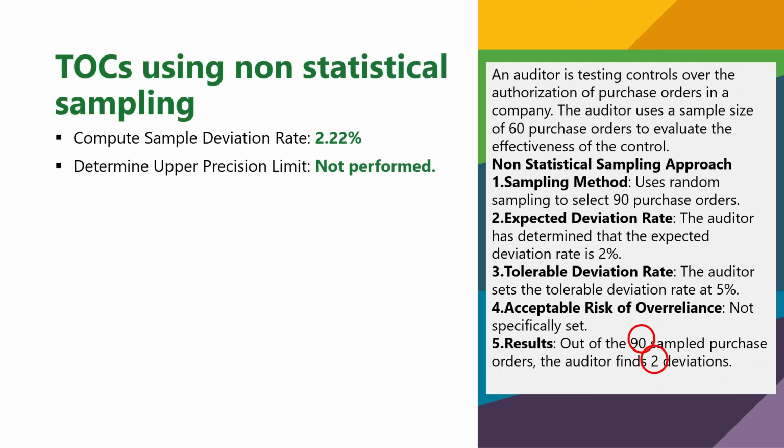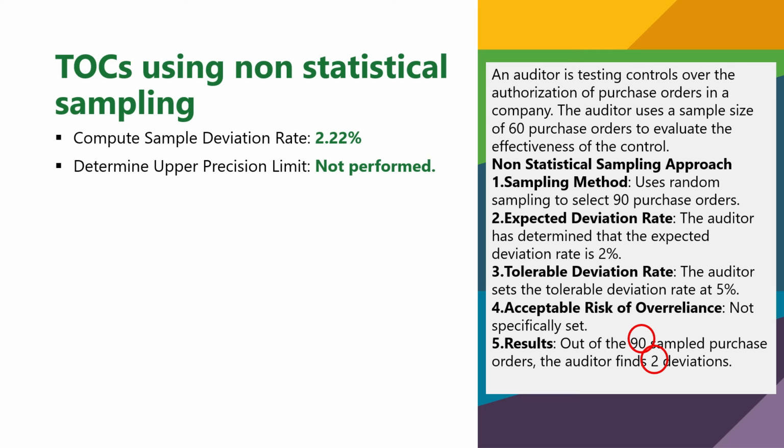Now, what if the auditor is using a non-statistical sampling approach? Well, the first step will be the same in that we have to compute the sample deviation rate. The formula is the same, just get the number of deviations over the sample size. In a non-statistical sampling approach, we are not going to determine the upper precision limit because if it's non-statistical, the auditor does not quantify the risk.